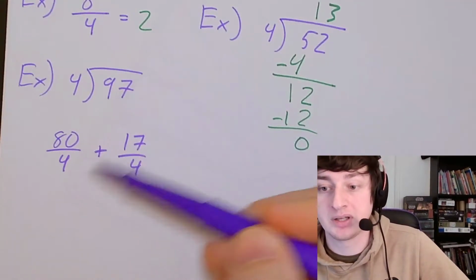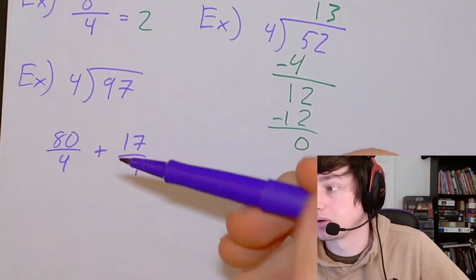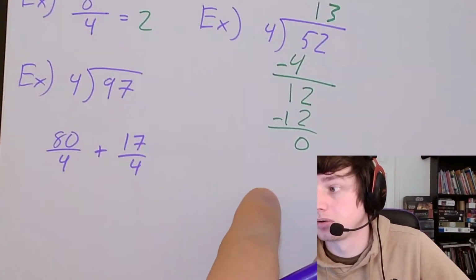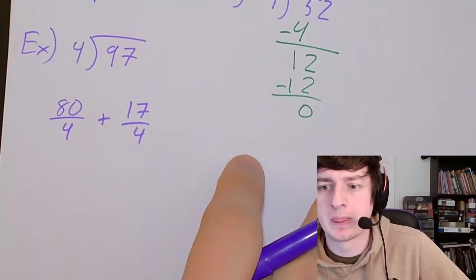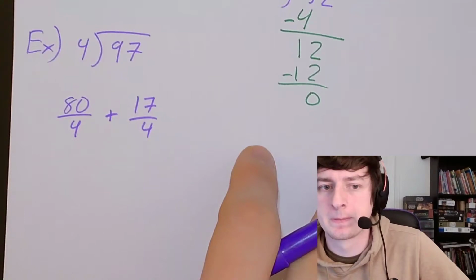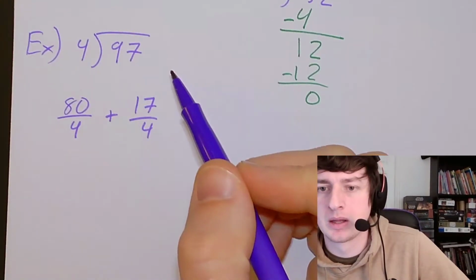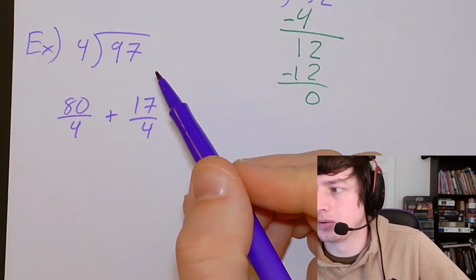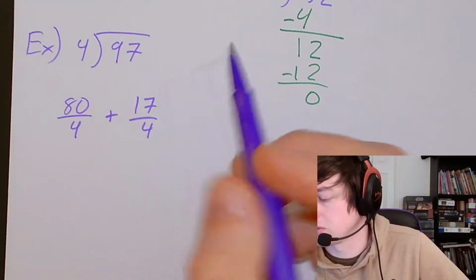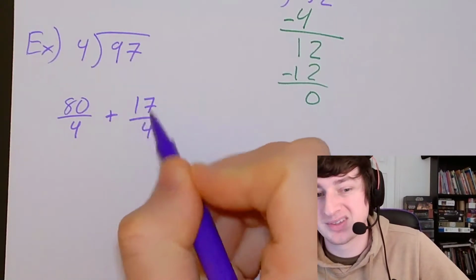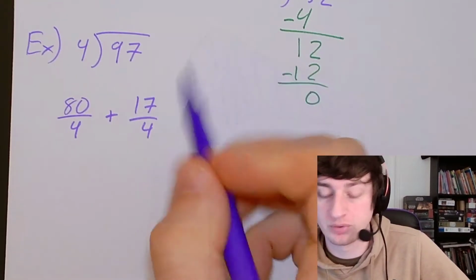And the reason why I'm writing it this way is going to be confusing initially, and hopefully it'll come together. I may have made a mistake. So this 17 is really close to another number that 4 goes into really well.